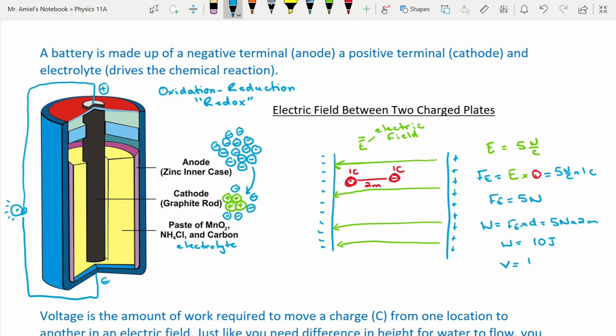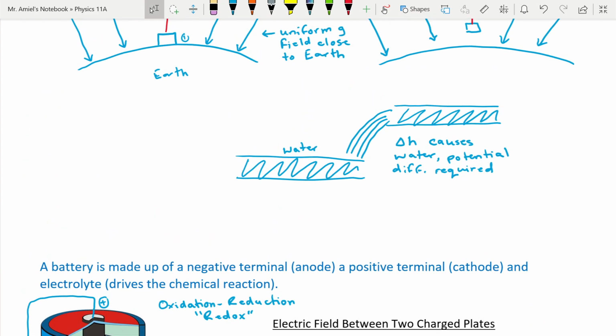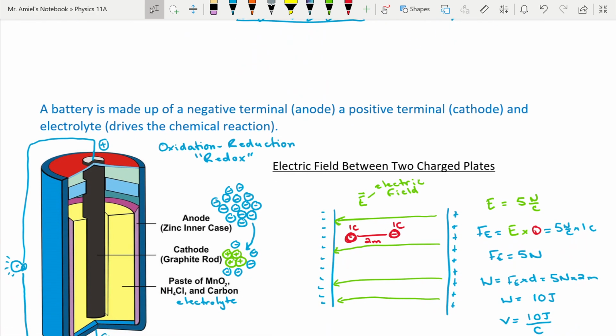Voltage is our joules per coulomb. So again, it's the exact same thing. We are moving something against a field, a field of force here. In this case, it's an electric field. Up here, it was a gravitational field, but we're moving an object within a field, and that means that we are changing its energy.